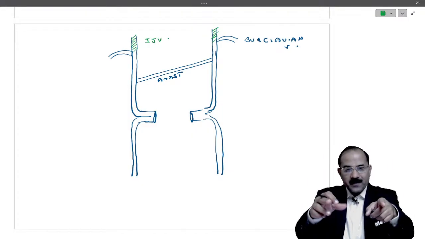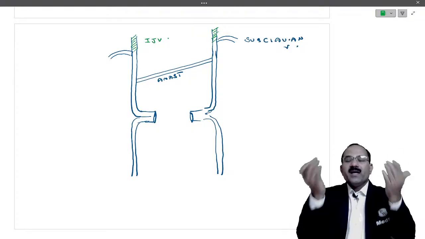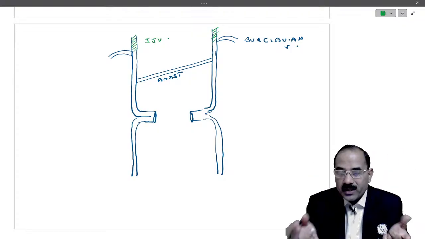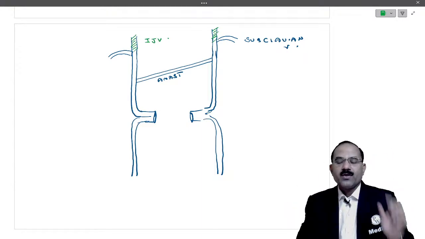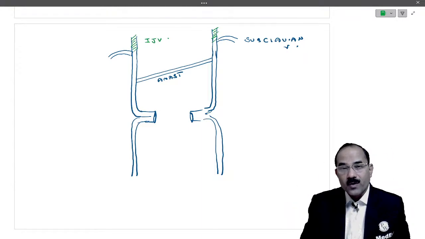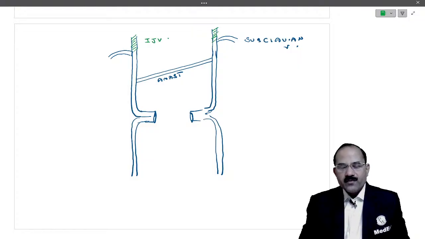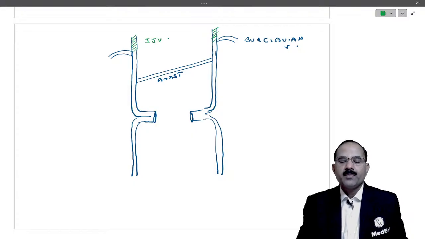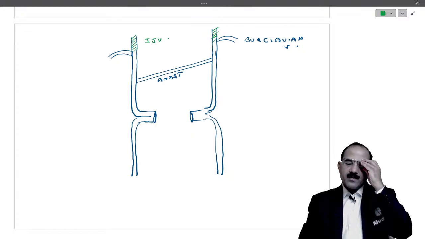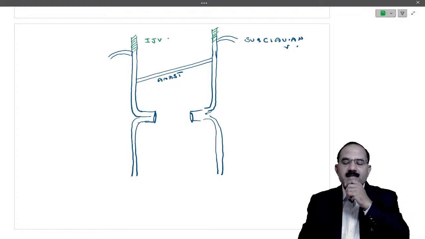Embryologically. By the way, do you know, children, when we talk about gross anatomy, the internal jugular vein is a continuation of what? Gross. Internal jugular vein is a continuation of what? Yes, sigmoid sinus.